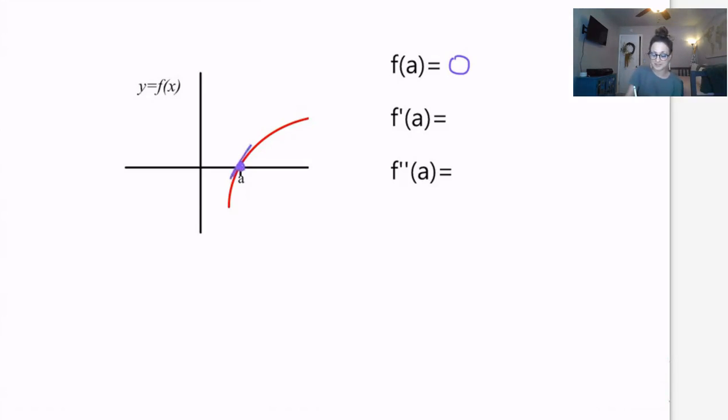F prime is positive, right? Because f is increasing. Okay, what about the second derivative at x equals a? That is going to be negative, and what's our justification? Since f is concave down there. Remember, second derivative sign tells you the concavity, first derivative sign tells you the increasing, decreasing behavior of f.